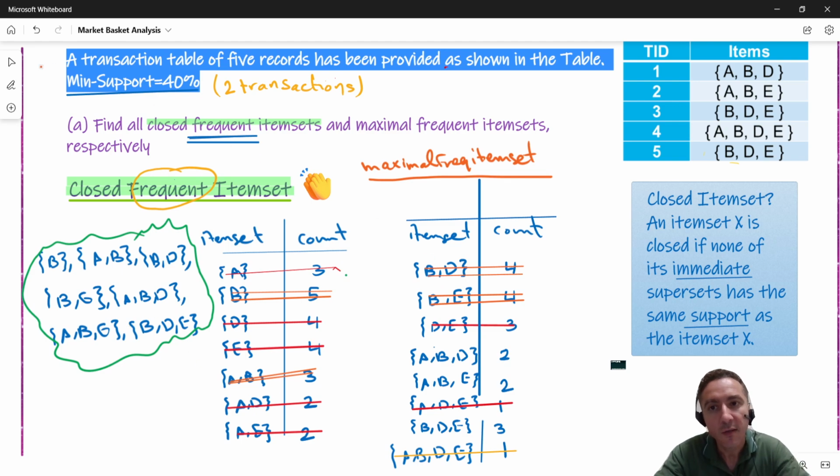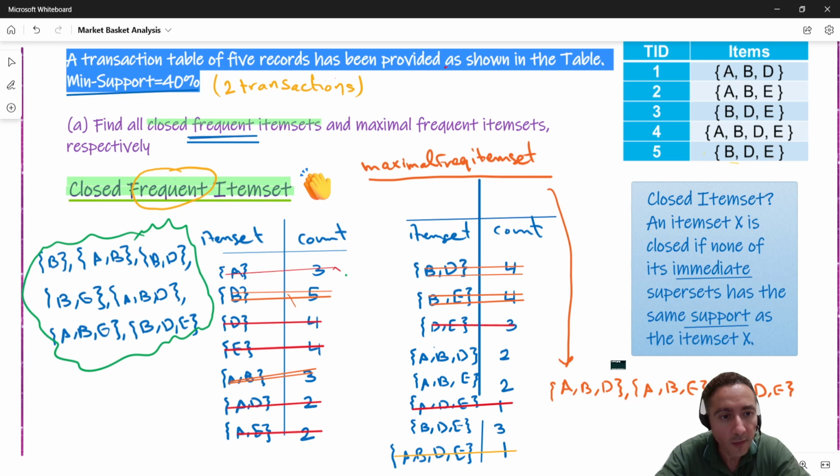So now, to answer the last question for the maximal frequent item set, we got, yeah, B was out, huh? Because we had it, yeah. So we are left with ABD, ABE, and B. Okay, so these are the maximal frequent item sets.